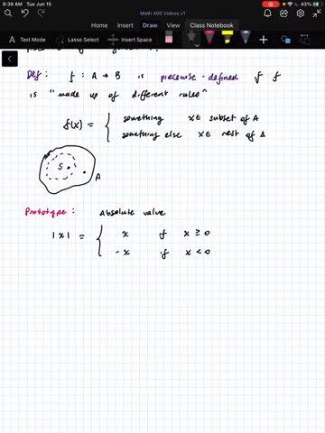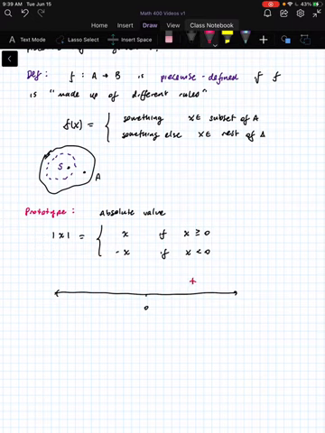So if we're on the right side of 0, so this is the positive side, then we just take x as is. So for instance, the absolute value of 3 is just 3.